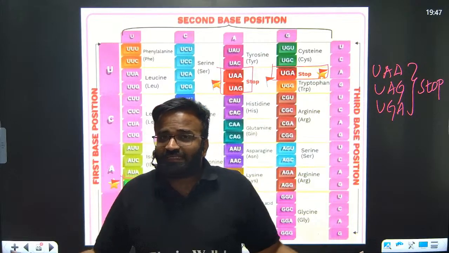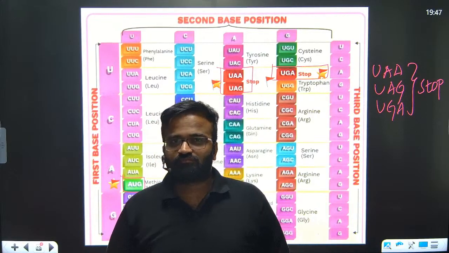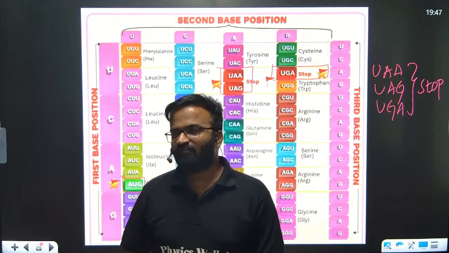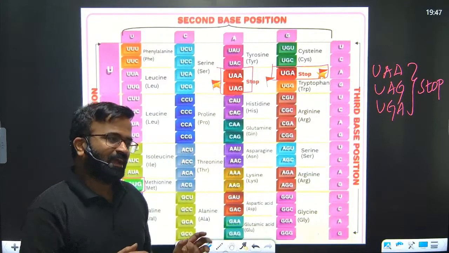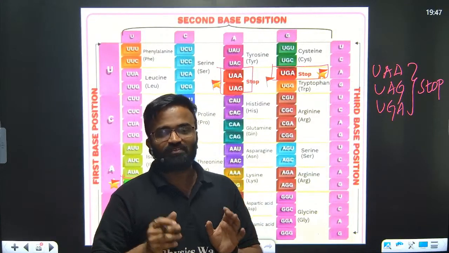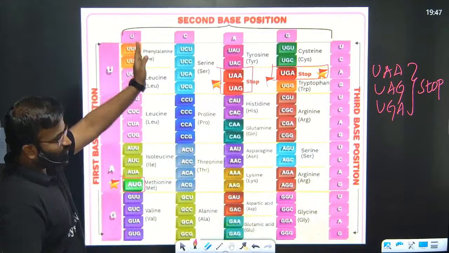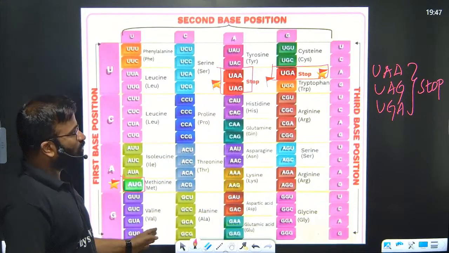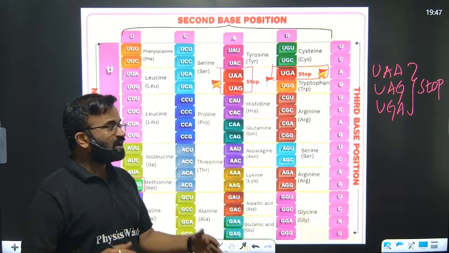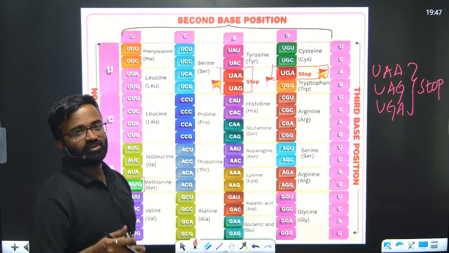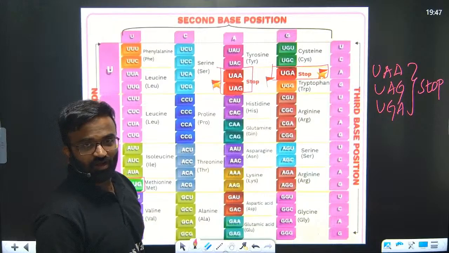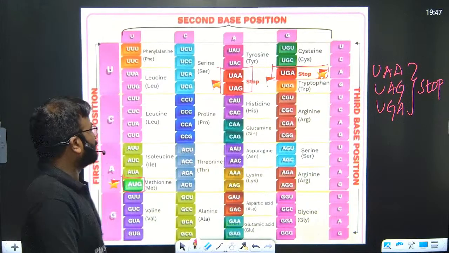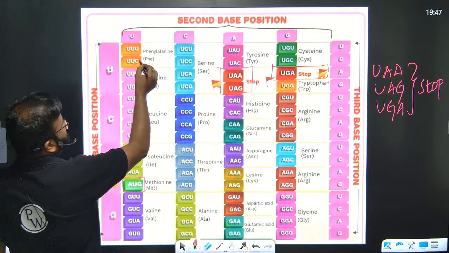So I don't suggest mnemonics for everything, but here it demands one. I'll give one mnemonic for this row, and for the rest, based on the amino acids, you can come up with your own.